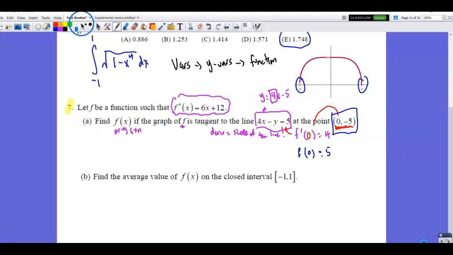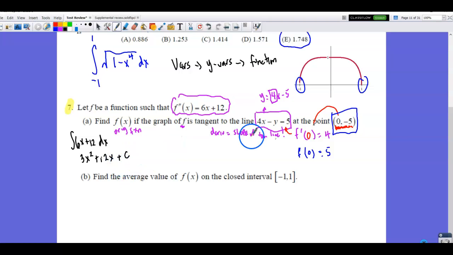So here we go. We're going to find the antiderivative of the second derivative, 6x plus 12, and that's going to take us back to the first derivative. So give me 6x squared over 2, which is 3x squared, plus 12x plus c.